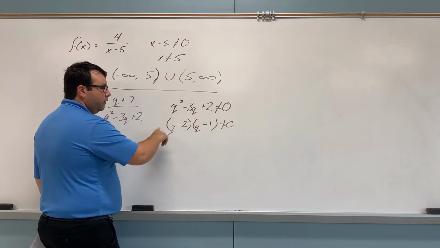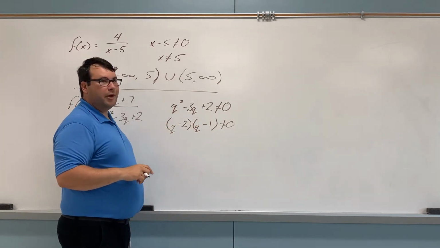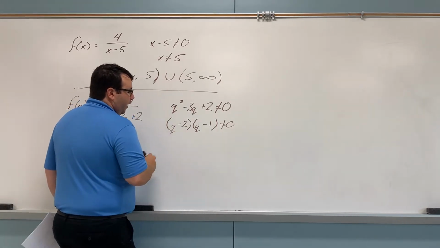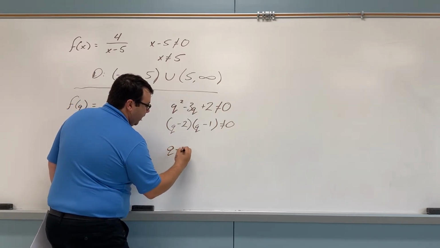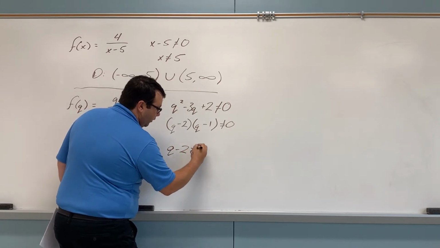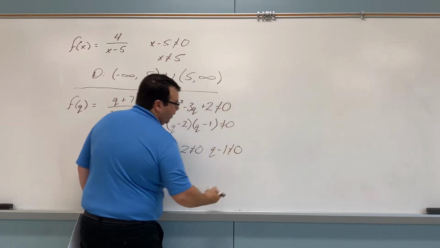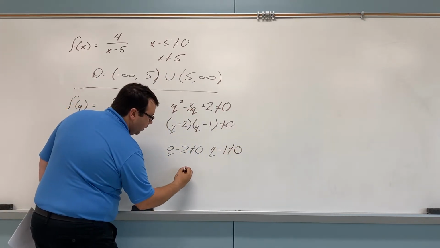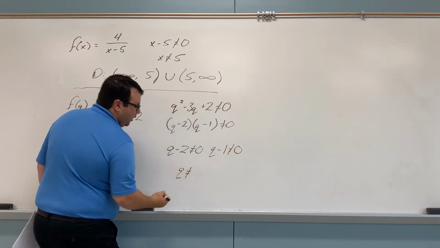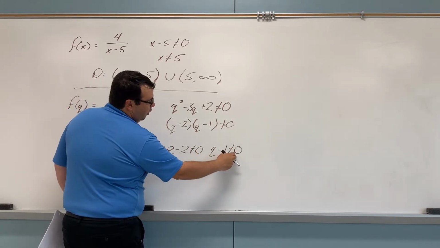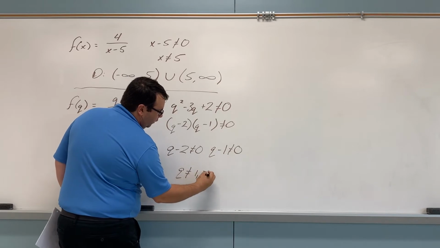Solve this out. Hey, this looks like zero product property. We just talked about that in another lecture. Let's apply that. So I have q minus 2 cannot equal 0, and I have q minus 1 cannot equal 0. Solving this out, q cannot equal either 2 or 1, so go least to greatest, 1 or 2.